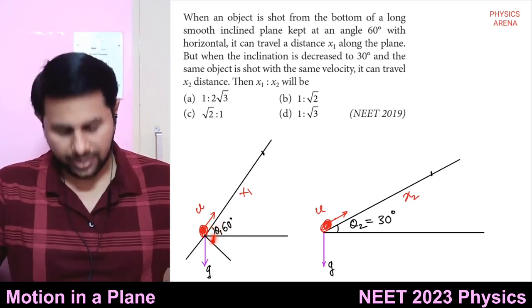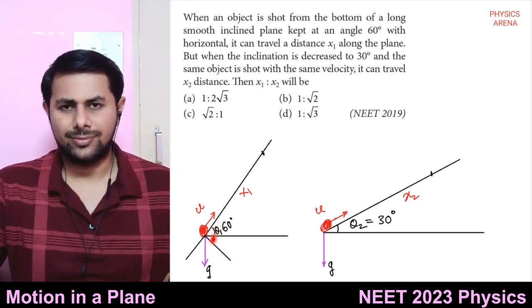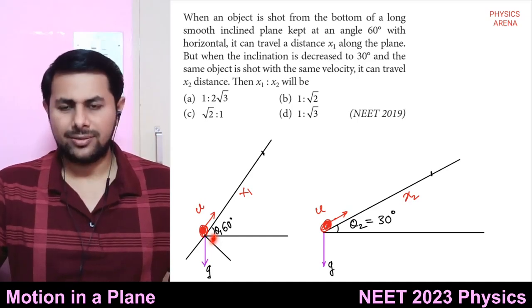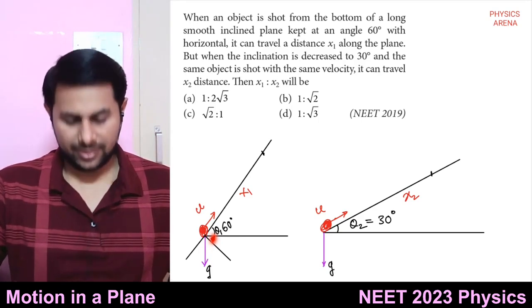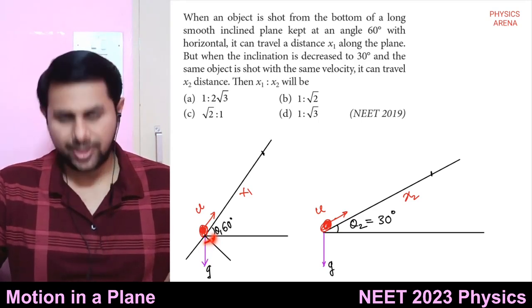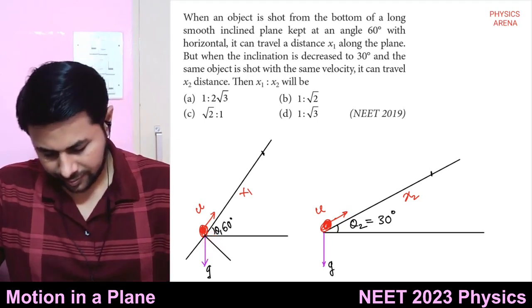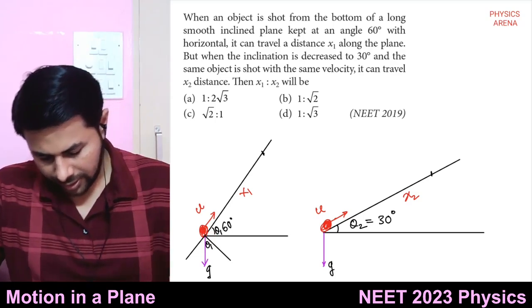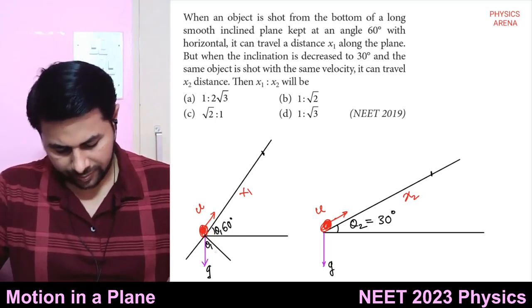How much would be this angle? 90 minus theta, and therefore this angle would be theta 1. So now I am resolving g.